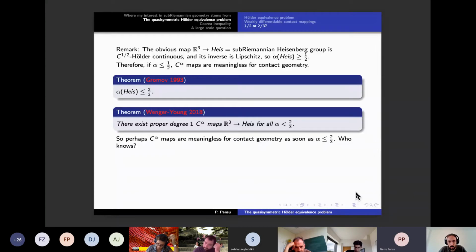Well, 2/3 or a half. There is some evidence in favor of 2/3, and this is a recent result by Wenger and Young. They are not able to produce homeomorphisms from R^3 to the Heisenberg group which are C^alpha with alpha up to 2/3, but merely proper degree 1 maps. So maps which are not bijections, but at least homotopically speaking are bijections.